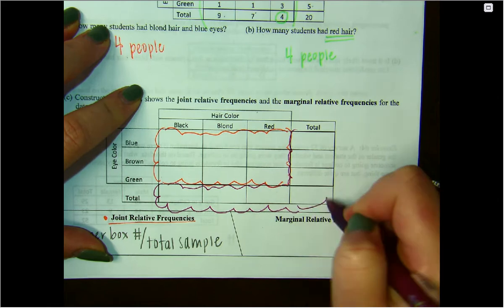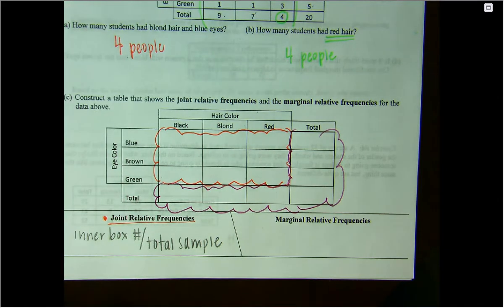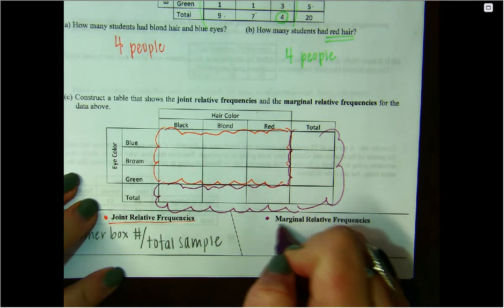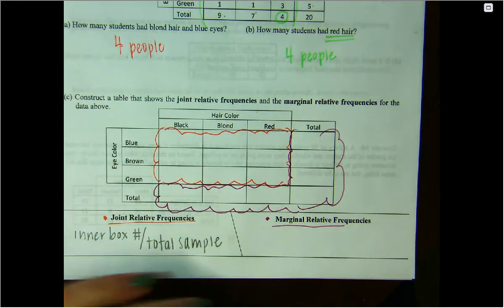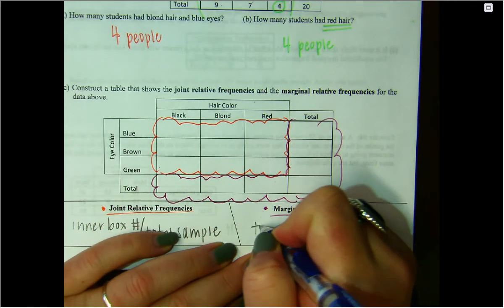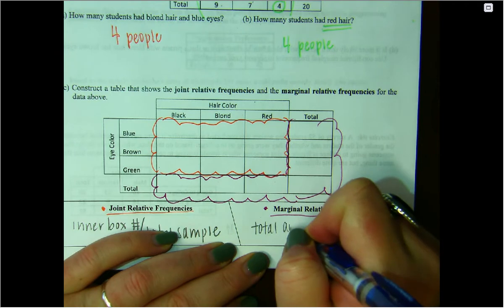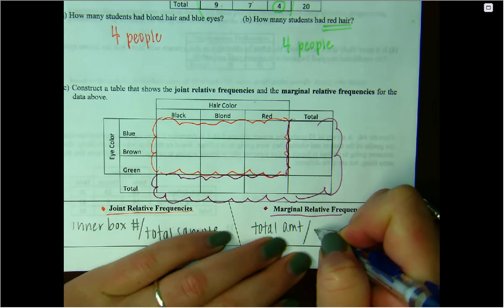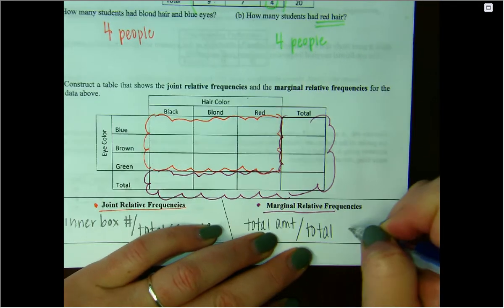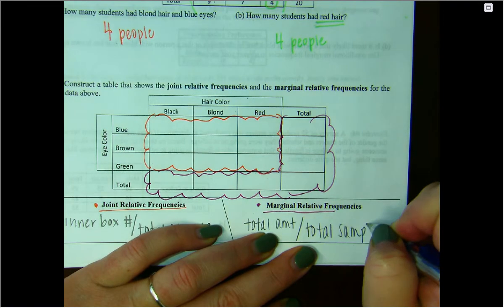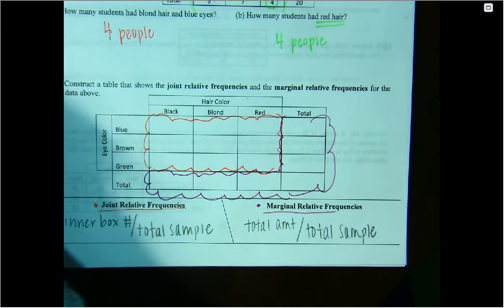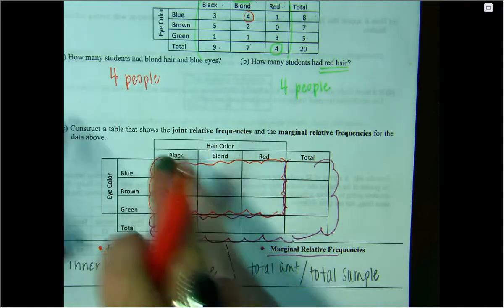So that's these things right here. We're going to do these in this color. And this is total amount over total sample. And what we do is we're just going to find them up here.